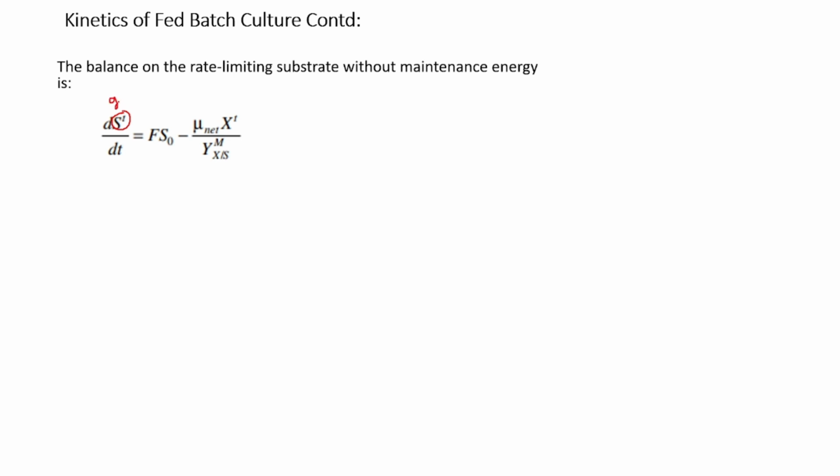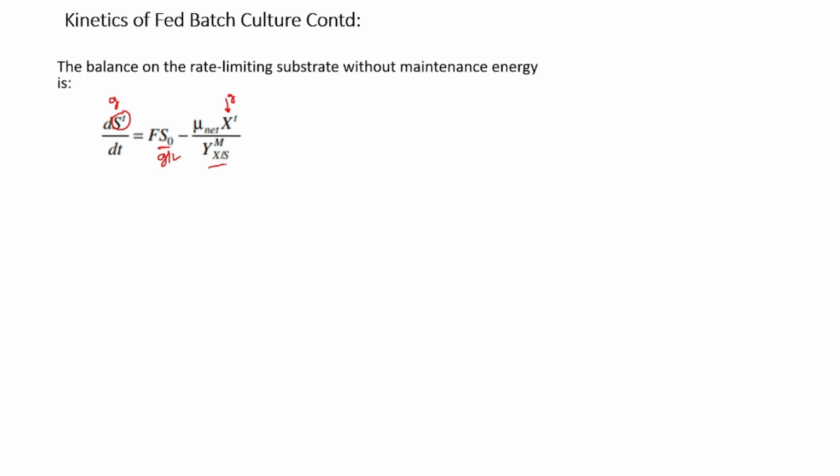And S0 is the initial substrate concentration, which is say in grams per liter. Mu net is the net specific growth rate. X^T is again the total amount of biomass, which has a unit of mass, say gram here. And Y_X/S is the yield coefficient of the biomass with respect to the substrate.